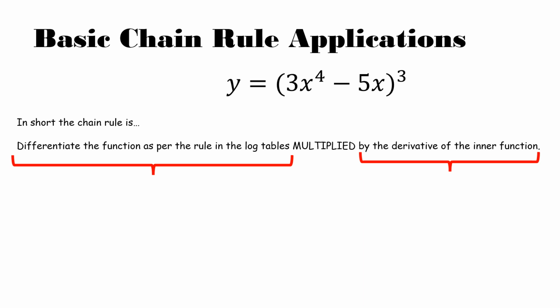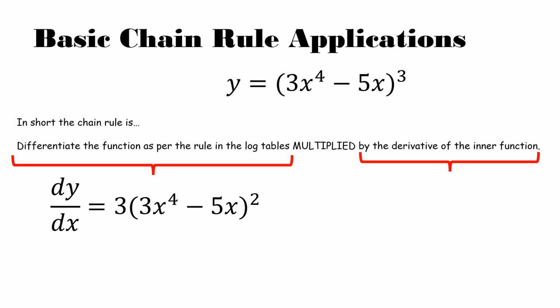So let's do the first part. Let's say dy/dx equals, bring down our power, that's 3, bracket 3x to the power of 4 minus 5x, and then take one away from your power. Then we're going to multiply that by the derivative of the inner function. So our inner function here is 3x to the power of 4 minus 5x.